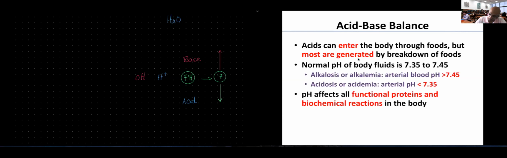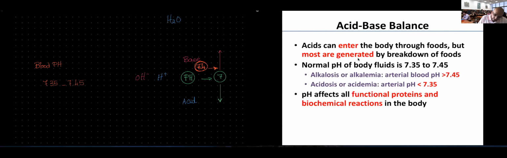Blood is slightly alkaline. It's 7.4. This is your blood pH. The normal range of your blood pH is 7.35 to 7.45.